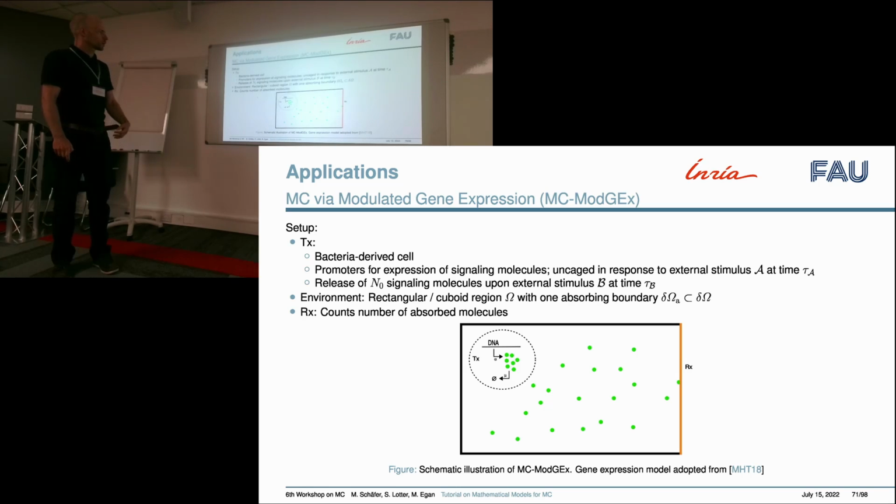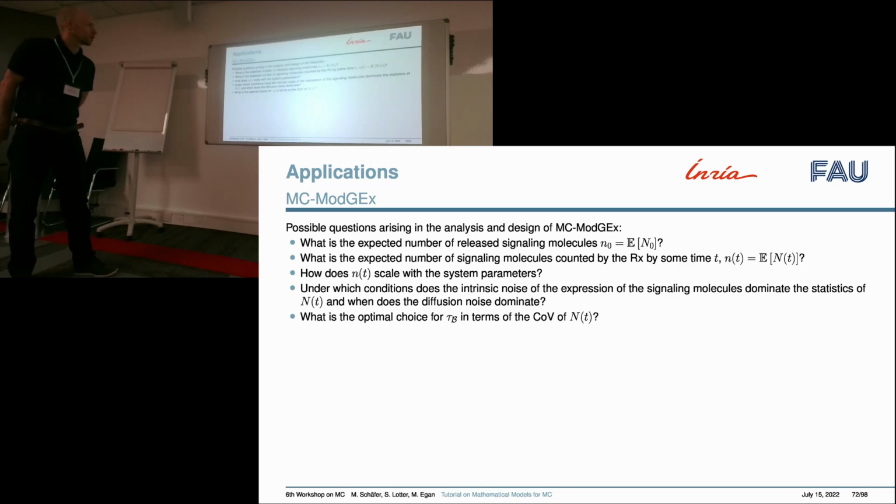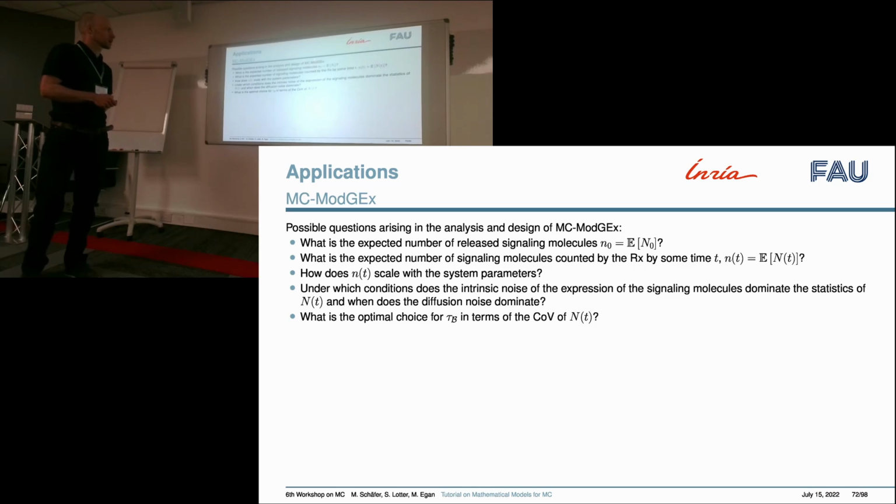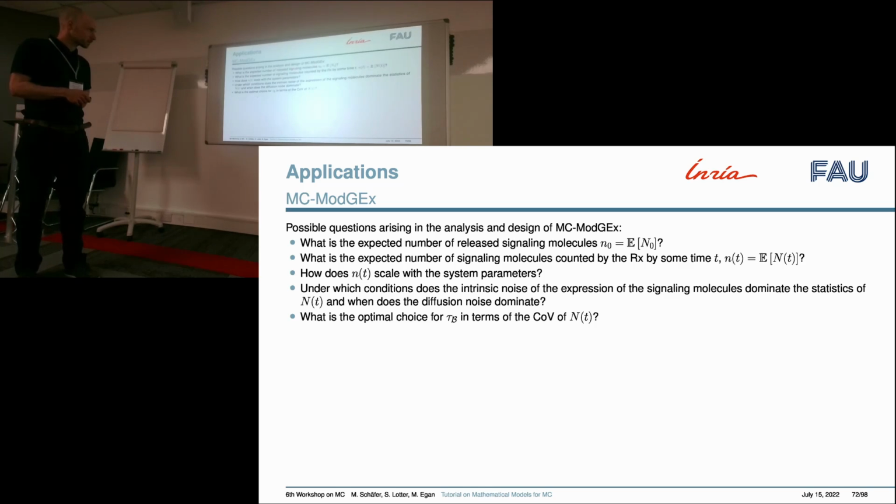Okay, good. So what could we possibly want to know about the system? One very basic question could be: this bacteria cell, the transmitter, has some time to express signaling molecules, right? So on average, how many signaling molecules are expressed by the bacteria cell?